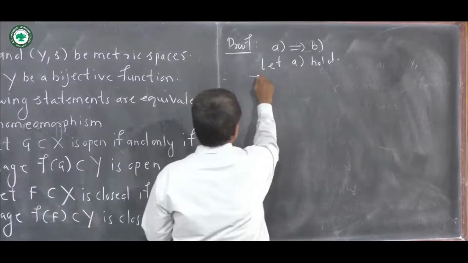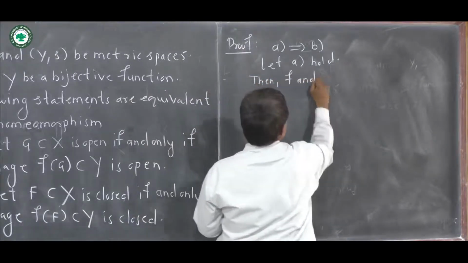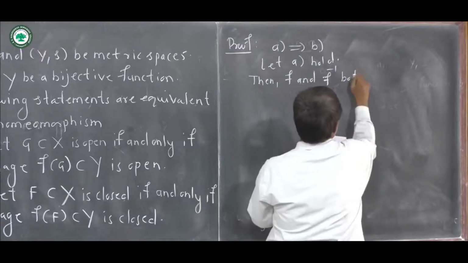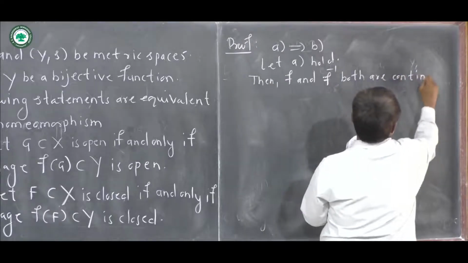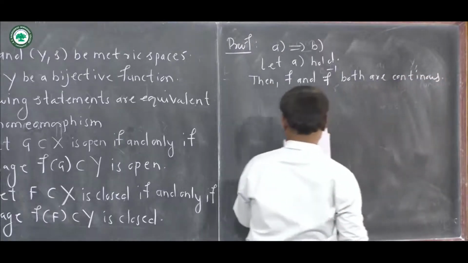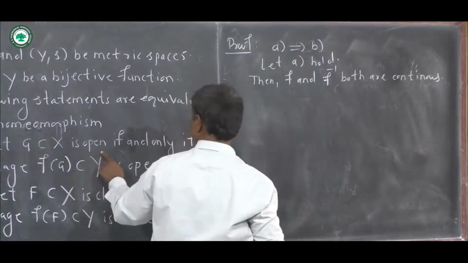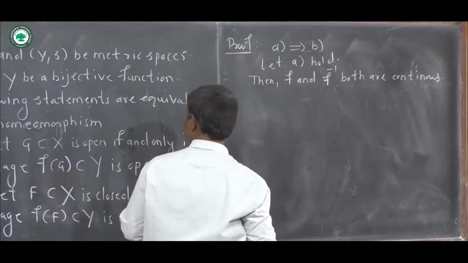So f and f inverse both are continuous. Now we want to show that when G is open in X, then its image f of G is open in Y.